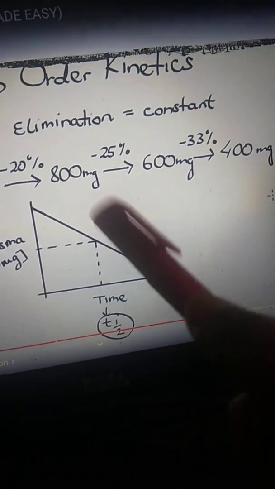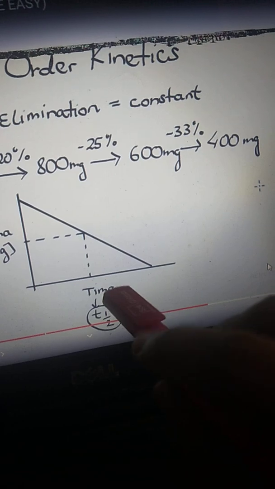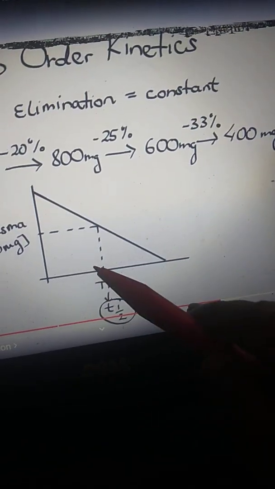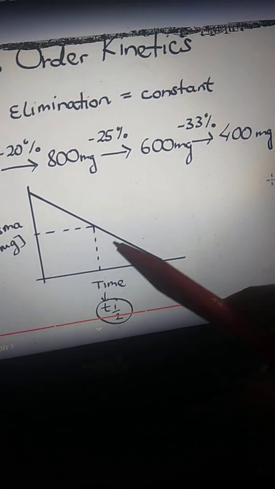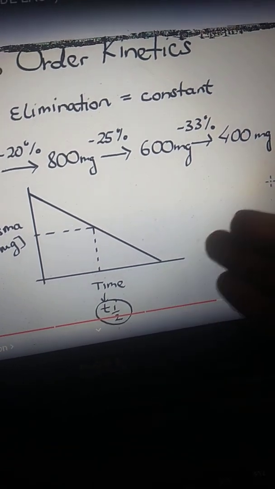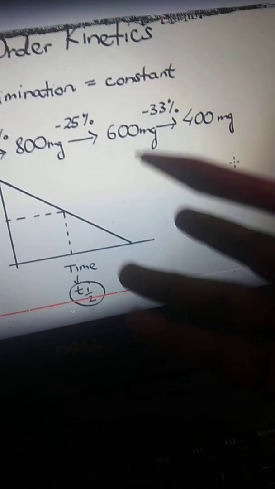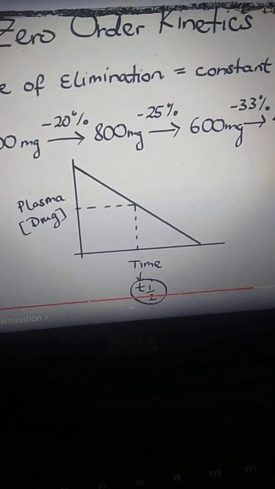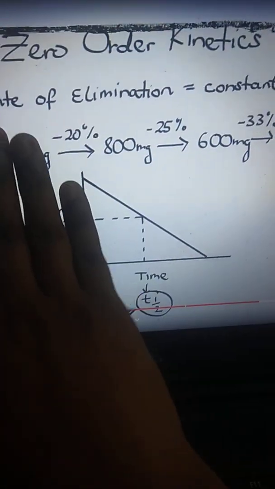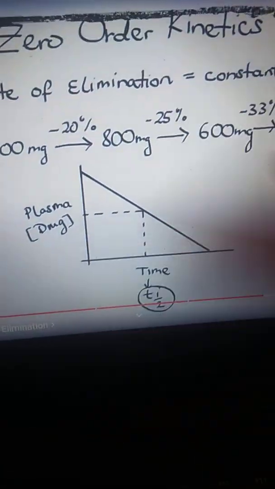That is called T half. Now, what is the use of T half? With the T half you can say when you should give the second dose of the drug. So the dosing interval is called T half. T half has nothing to do with the concentration. It is only about the time.